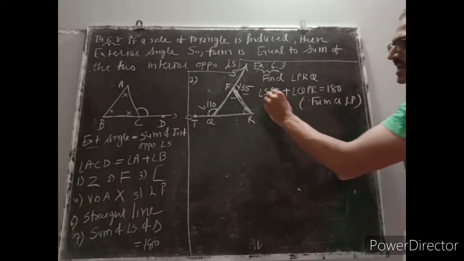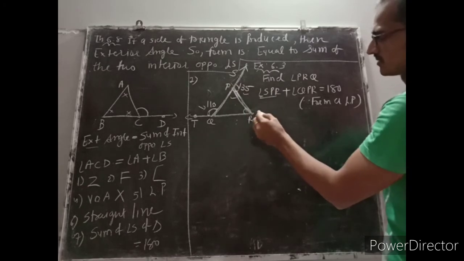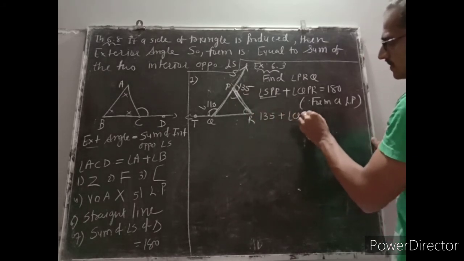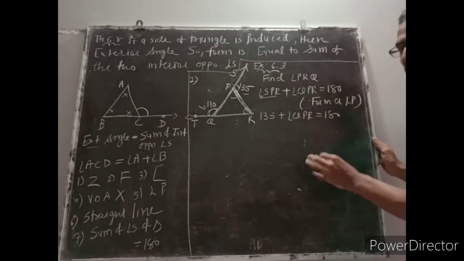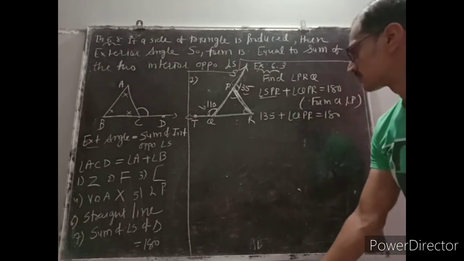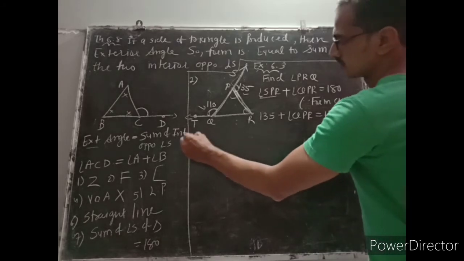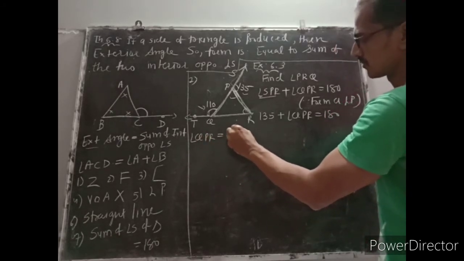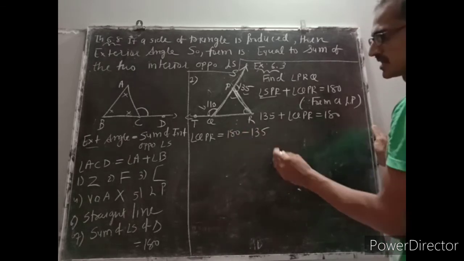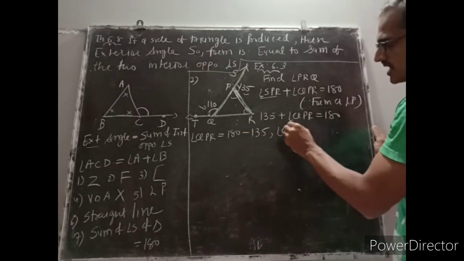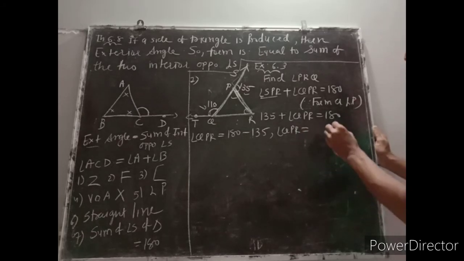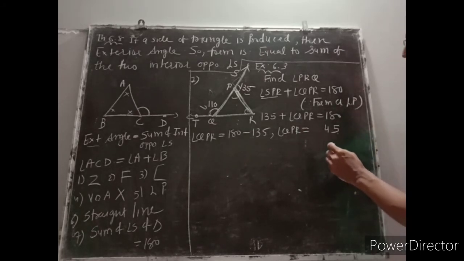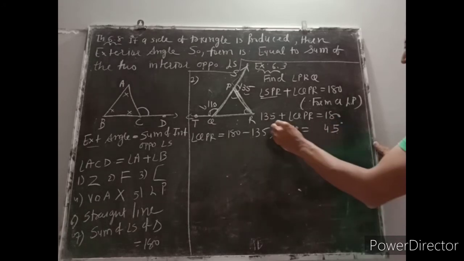Okay, SPR 135 plus QPR 180 degree, so angle QPR will be 180 minus 135, so we'll have angle QPR equals 45.